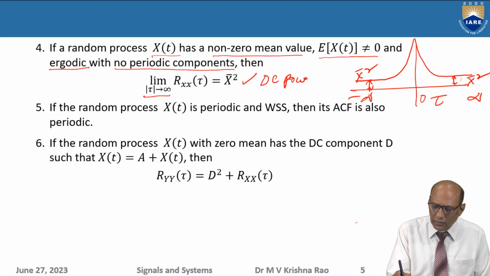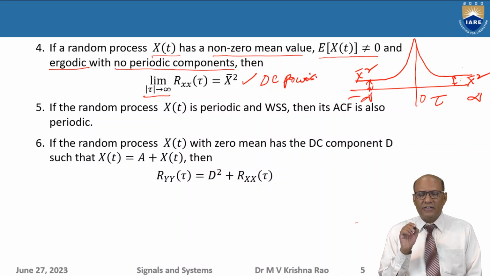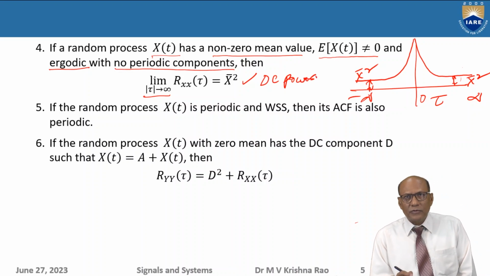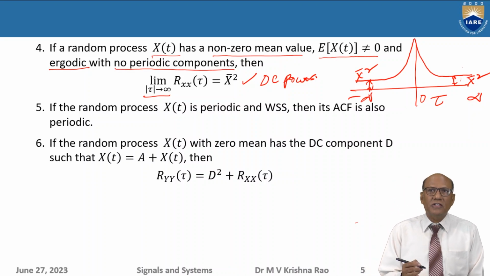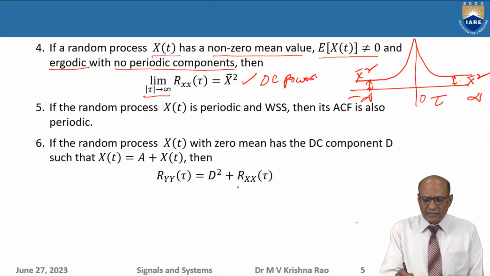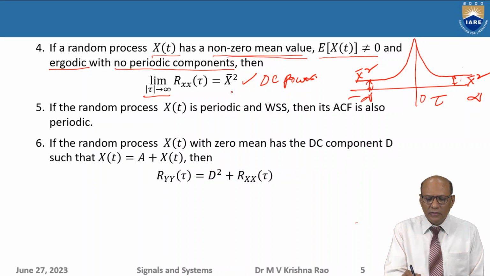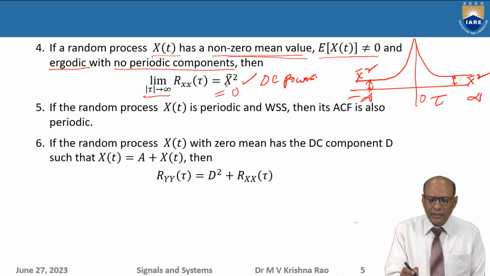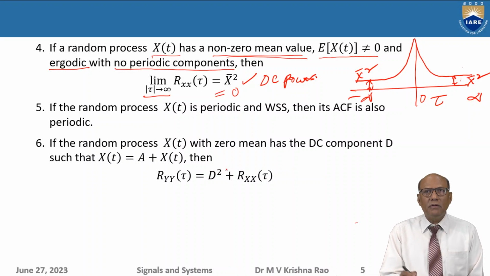I am not calling it DC energy. It is DC power because random signals are nothing but power signals. Okay, that we have seen already. So this is the DC power. This is non-zero mean. That's why we called it non-zero mean. If it is zero mean, this will be 0 automatically. For zero mean, it will be 0.